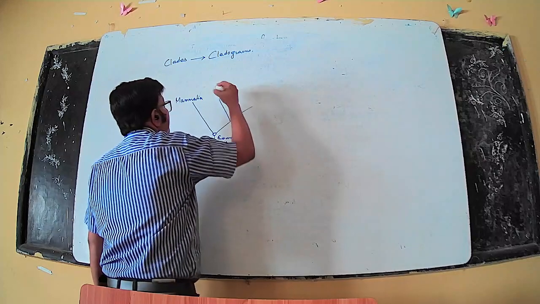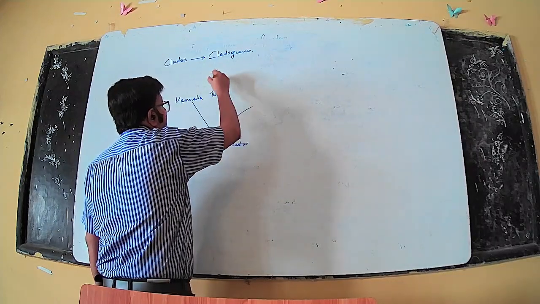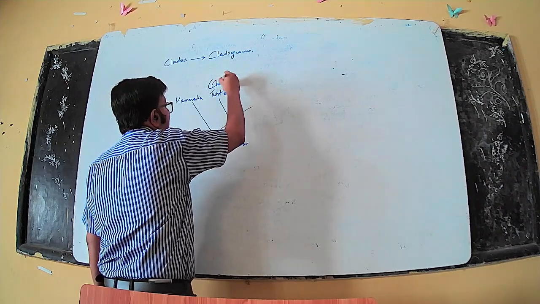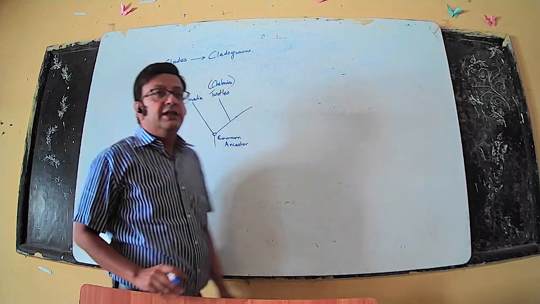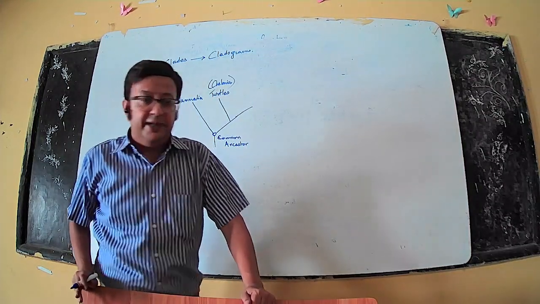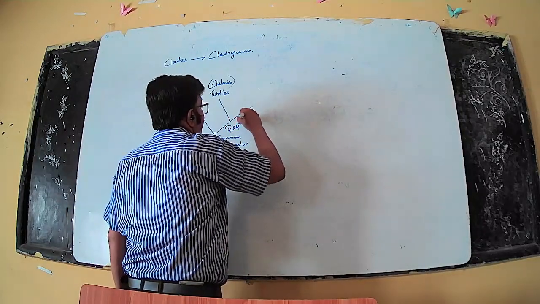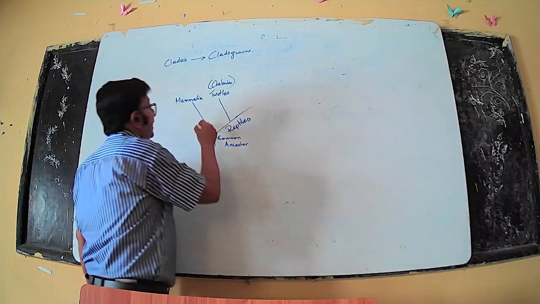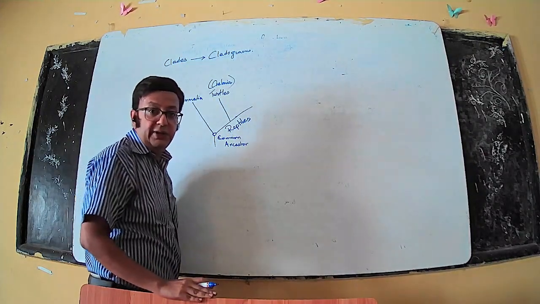Maybe you have turtles, they are Chelonians. Turtles are a part of reptiles. This is the line of the reptiles. On one side, you have the line of the mammals going on.